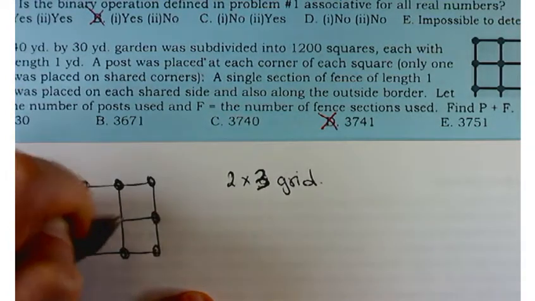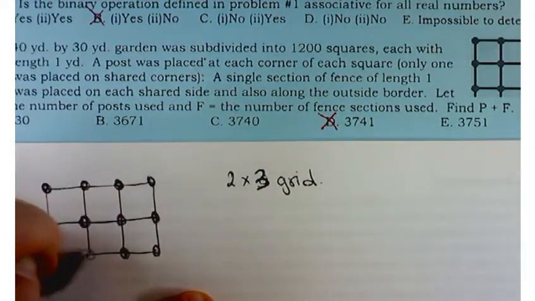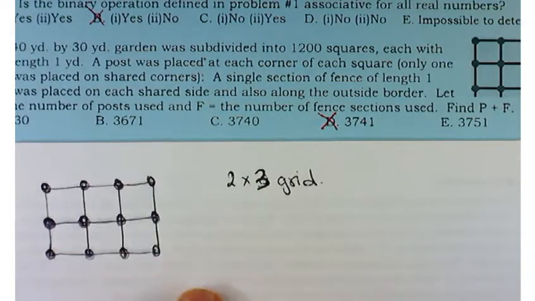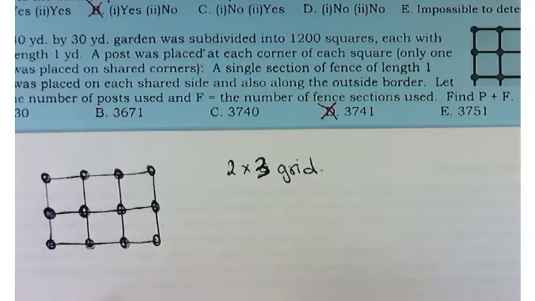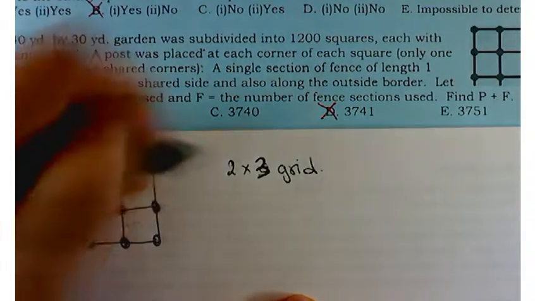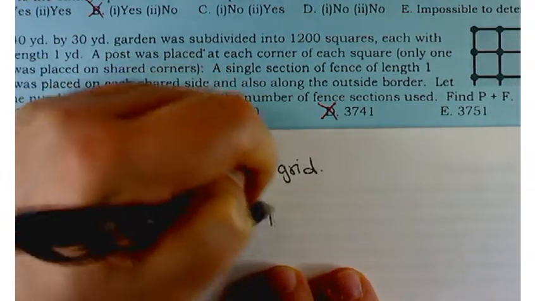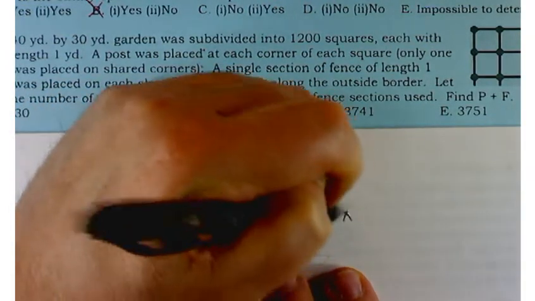Then you tell me, how many big dots do we have? 12. And how do you count them quickly? Yeah, so 4 times 3, correct? So P, the number of posts, in this case is 12, and we get that out of 4 times 3.